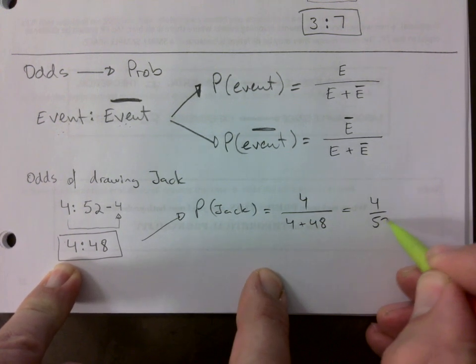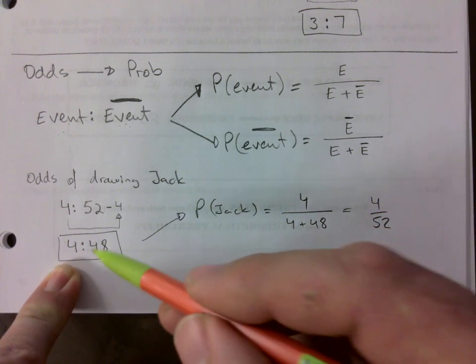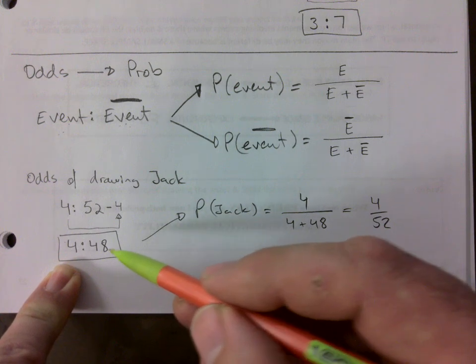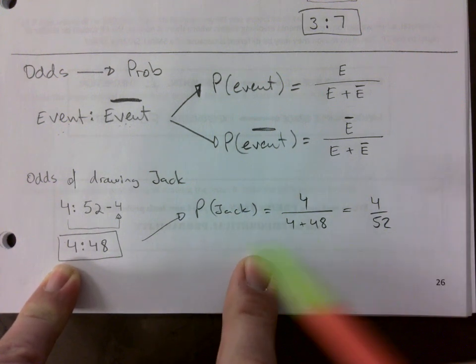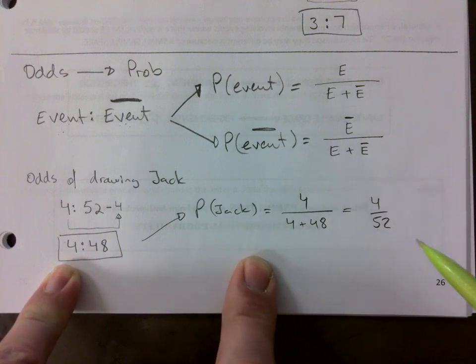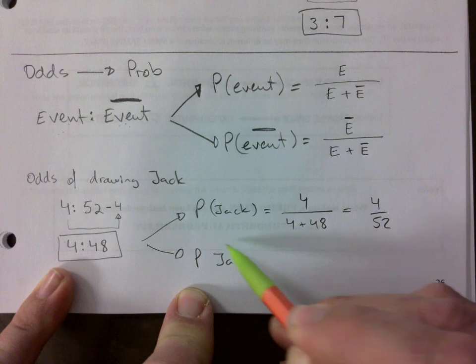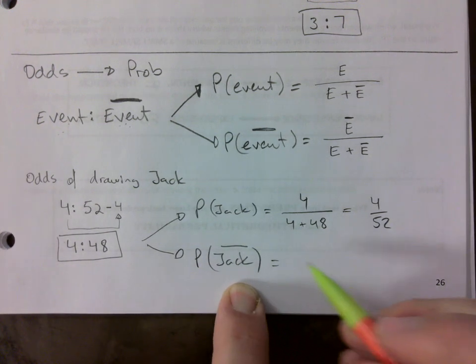And I'm willing to bet that you would probably be able to come up with this without looking at the odds. I know that. But sometimes they will just give you the odds and ask you to come up with a probability, and you need to be able to do that. Okay? Probability of not drawing a jack, or against a jack, or something along those lines.